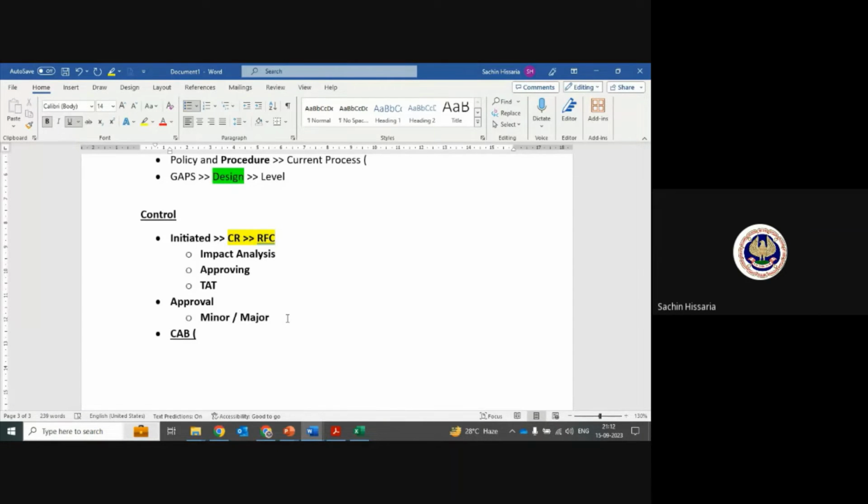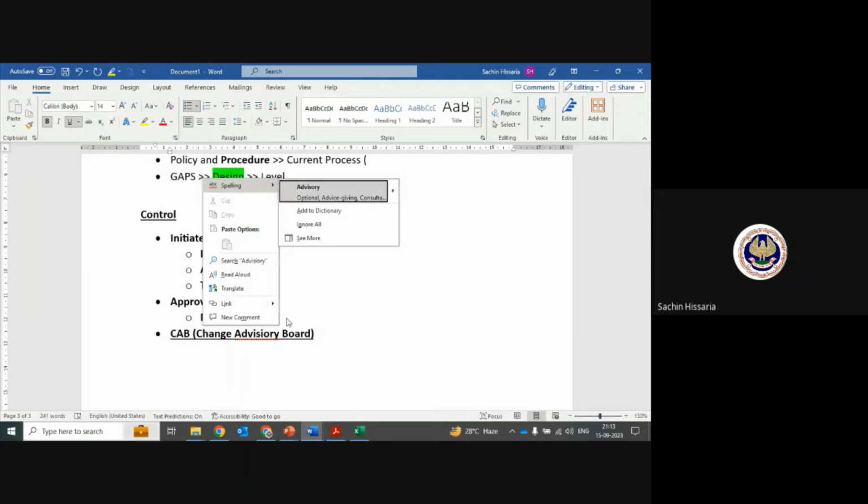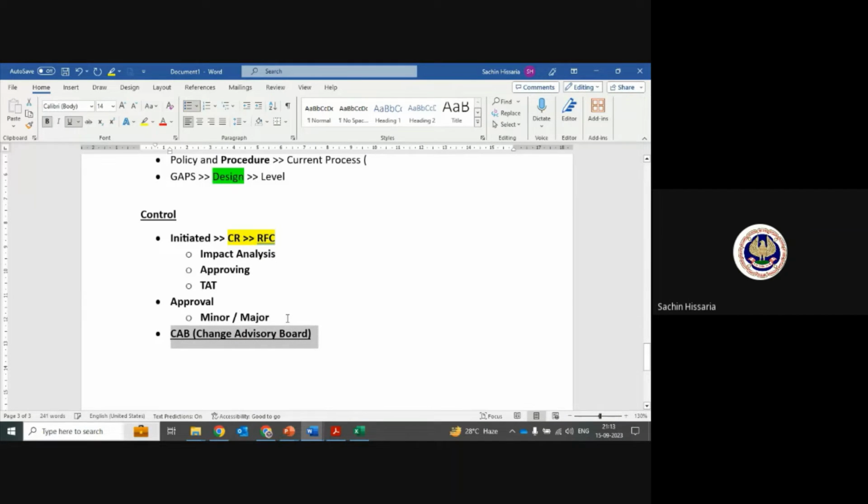In some organizations, there is a change advisory board, which looks after all the changes in the organization. It is like a committee which is there to monitor all the changes. So in policy, they might mention that all the major changes will be approved by the CAB. So the severity of changes is very important. I will check whether it is a minor change or major change.